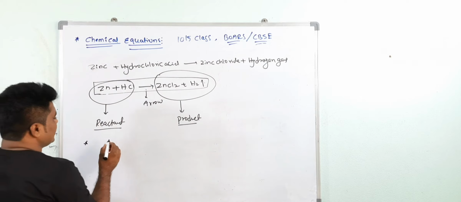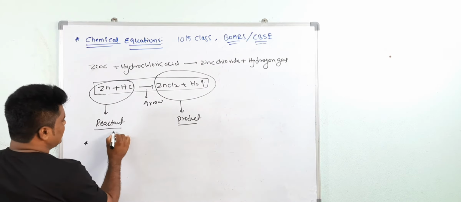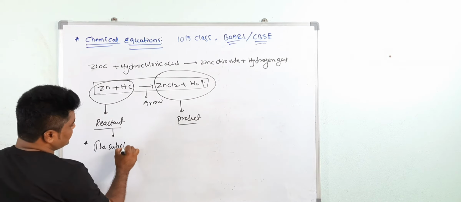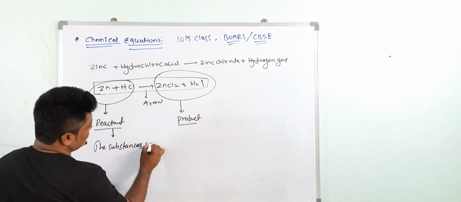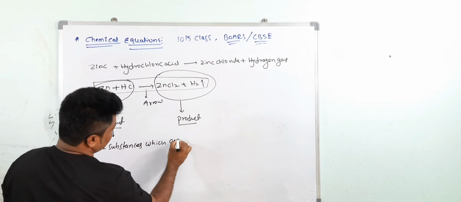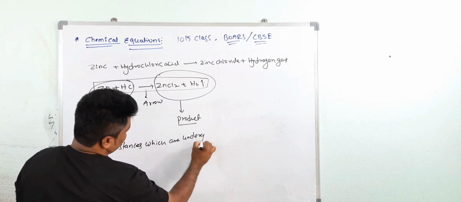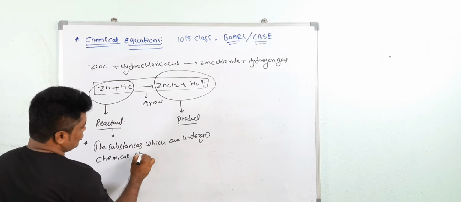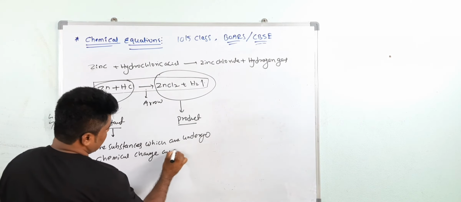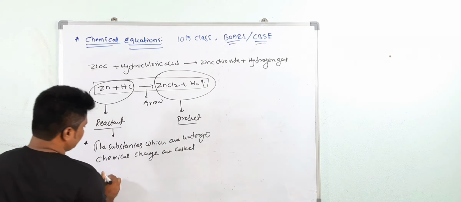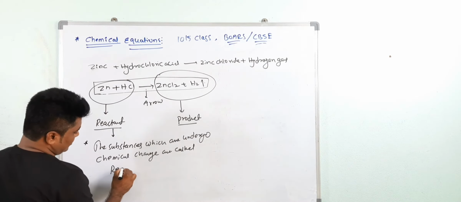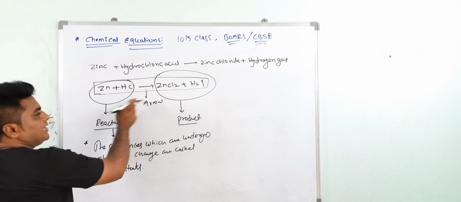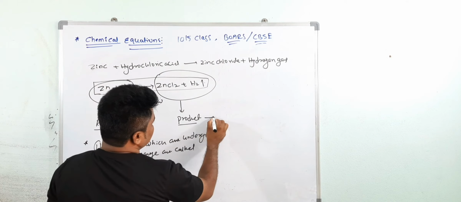And the substance which undergoes chemical change is called a reactant. So what is the reactant here? Very simple. I am now writing the reactant definition. The substances which undergo chemical change are called reactants, which are represented on the left side of the arrow. So what are the products?